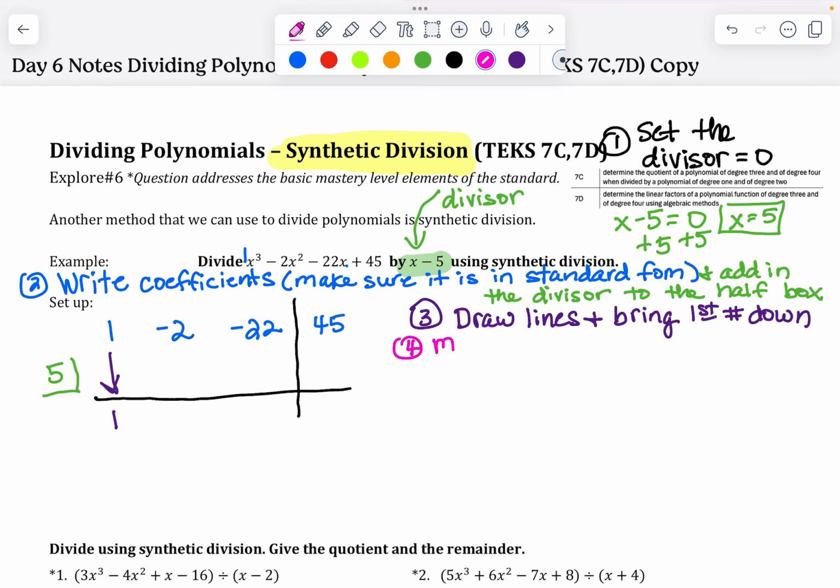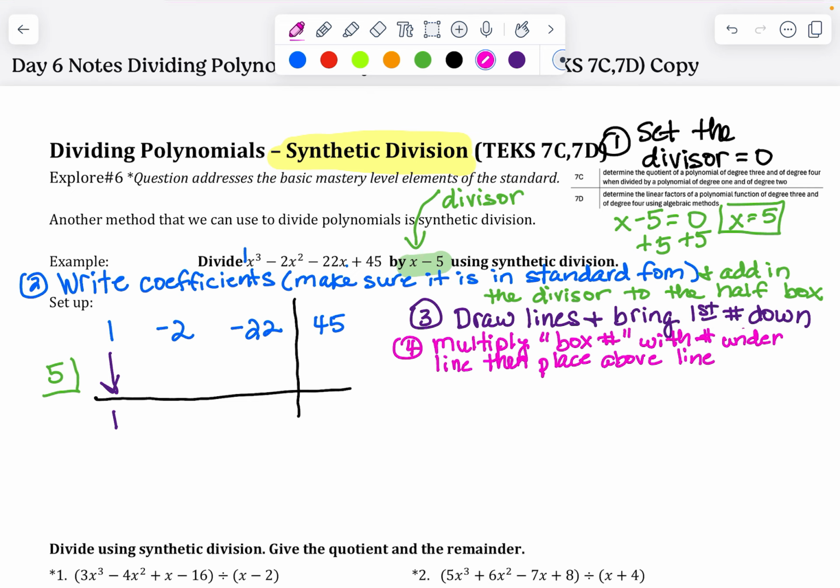Okay, step 4. We're going to multiply what I call the box number with the number under the line, then place above line.